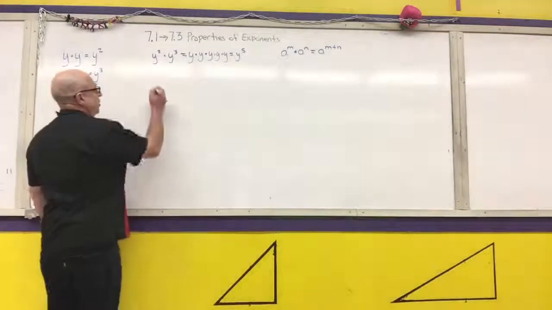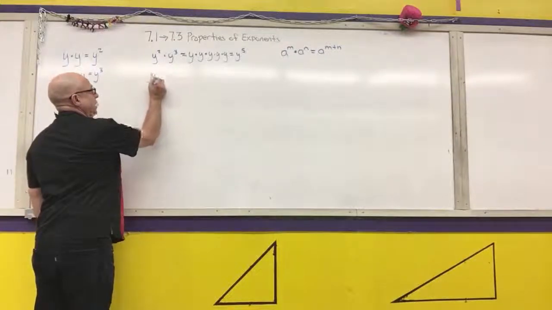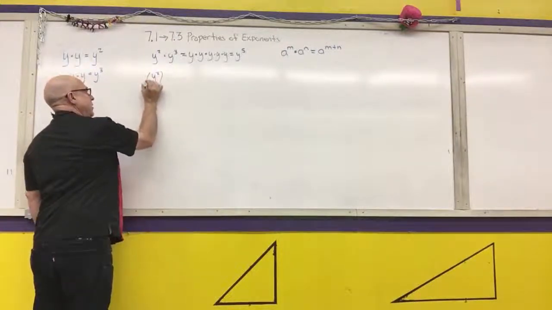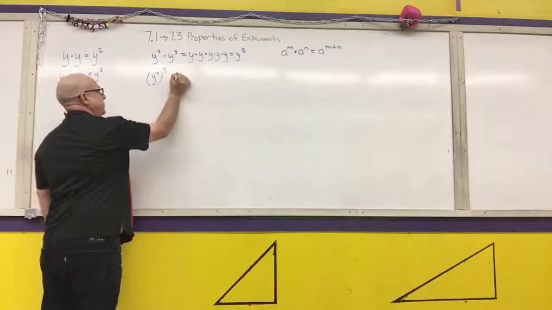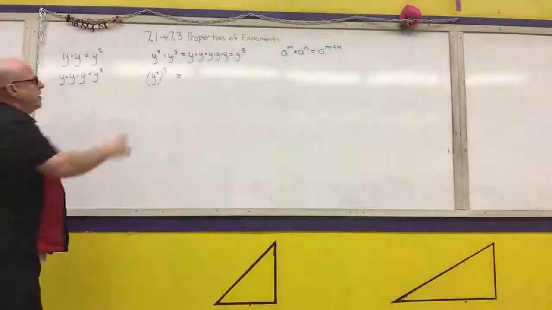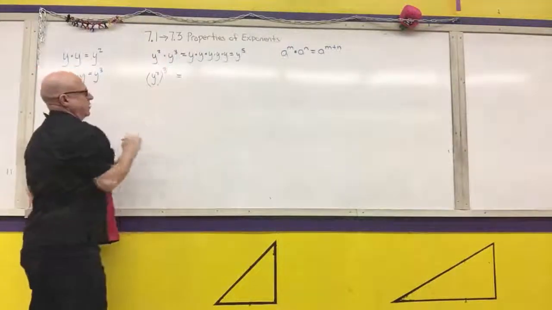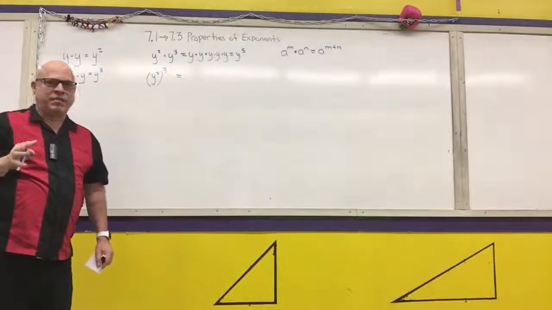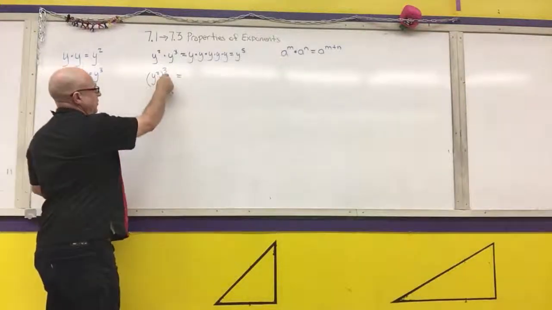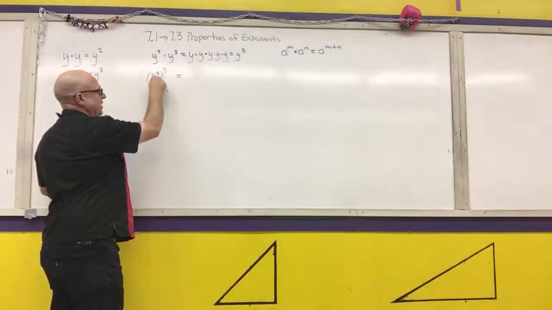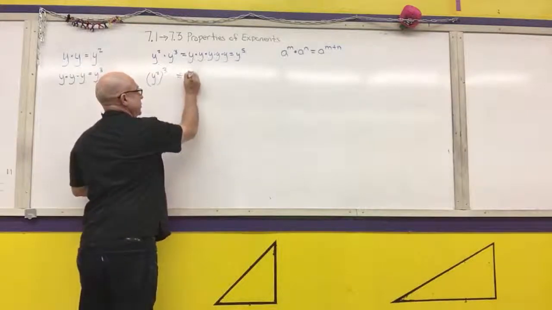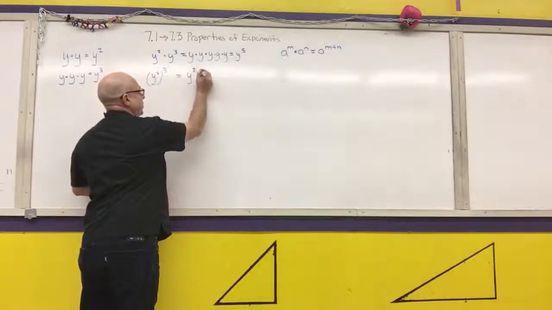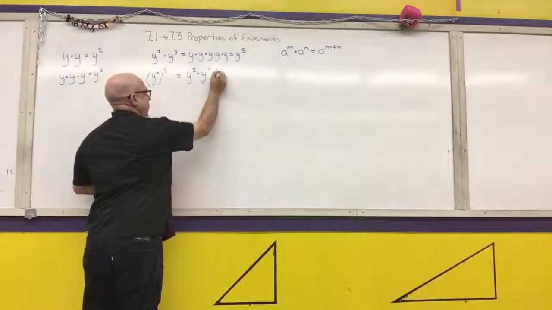Next one I want to do is y squared, cubed. Notice I have the 2 and the 3 exponents on both of these, and this is so you can see how we're going to come up with the different rules. Well, something cubed means to multiply this by itself 3 times. So that would be y squared times y squared times y squared.